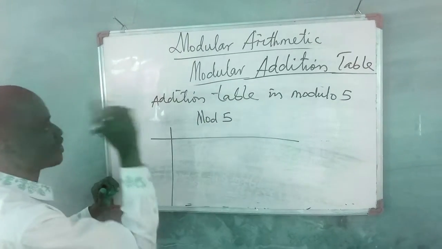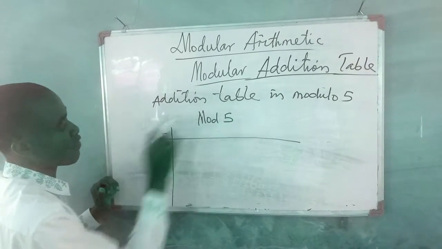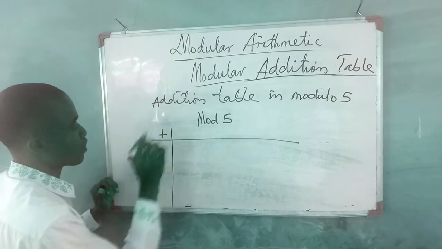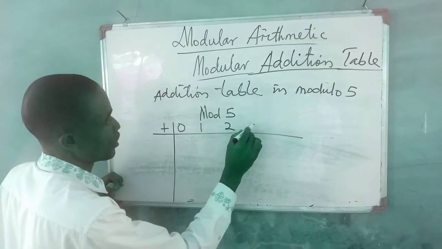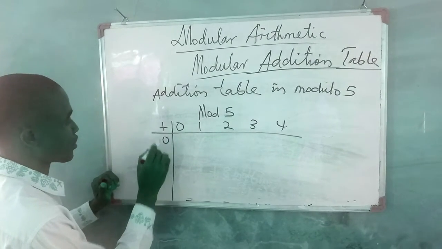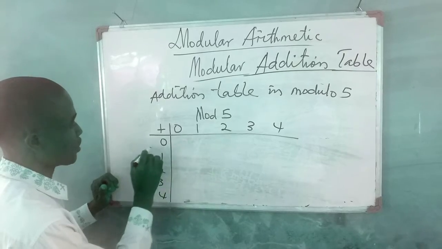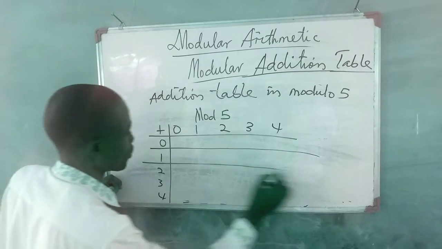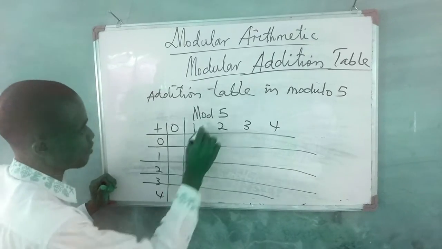And then addition, that means here you put plus. And the elements of a particular modulo, like modulo 5, we have 0, 1, 2, 3, and 4, and also here we have 0, 1, 2, 3, and 4. This is what you are going to do in modular addition.